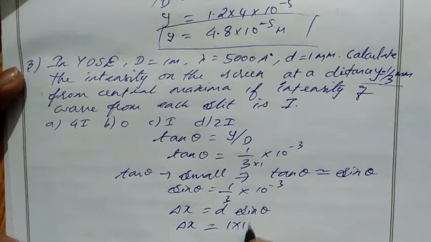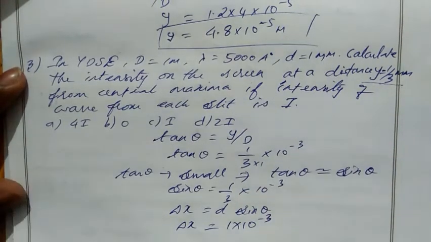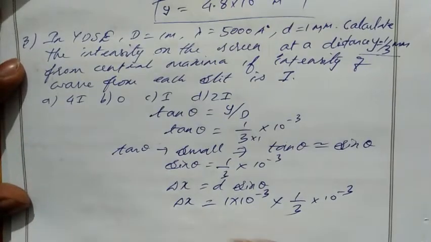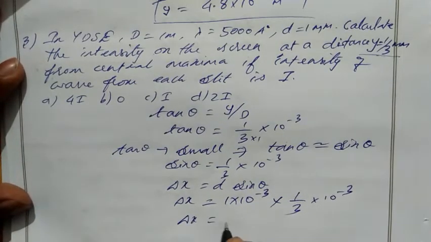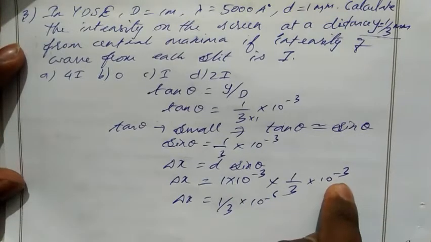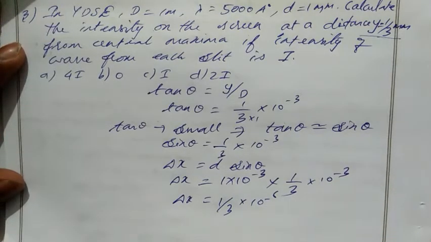So 1 into 10 power minus 3 meter into sin theta, 1 by 3 into 10 power minus 3 meter. So totally we will get del x equal to 1 by 3 into 10 power minus 6 meter. Okay, 10 power minus 3, here also 10 power minus 3, so 10 power minus 6.